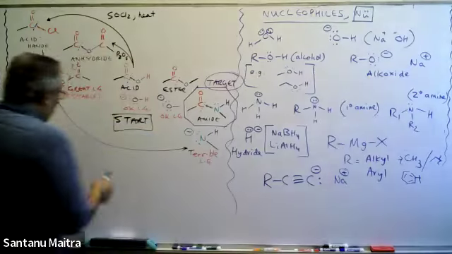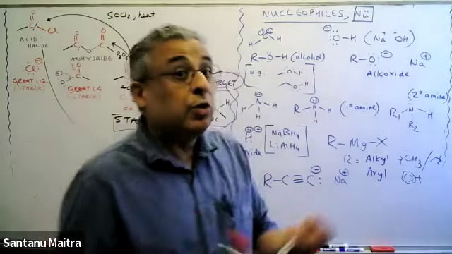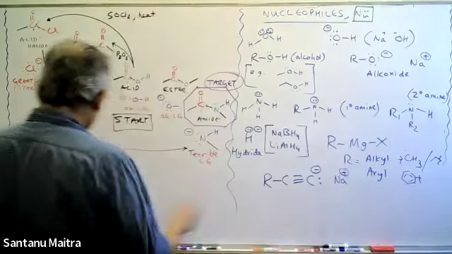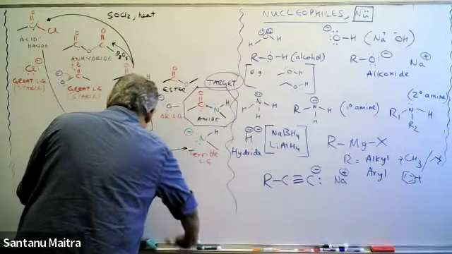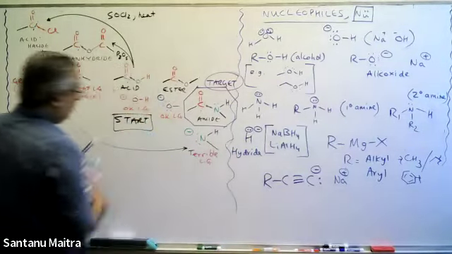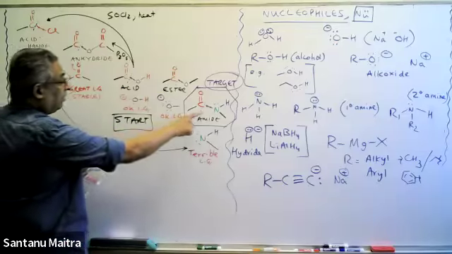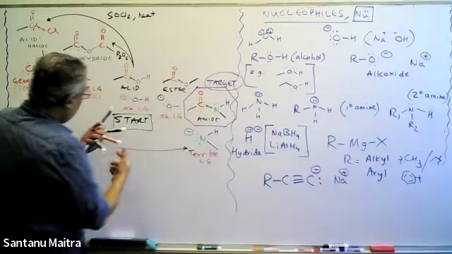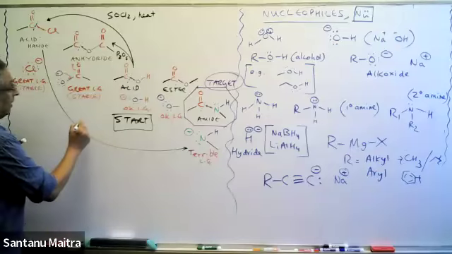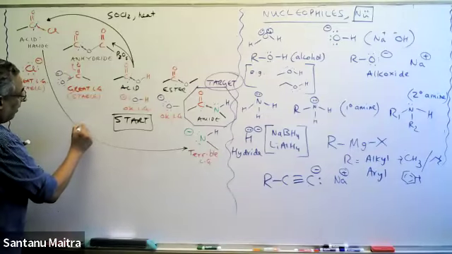So what do you bring in? What's going to be your nucleophile? Well, let's see how much attention you are giving to this talk. So the nucleophile is going to look like this. Just copy from there.